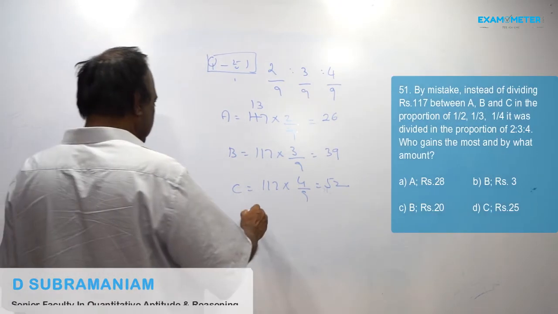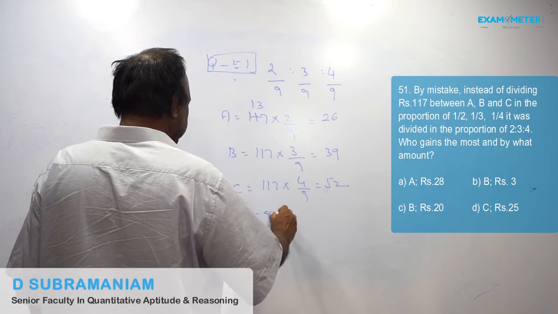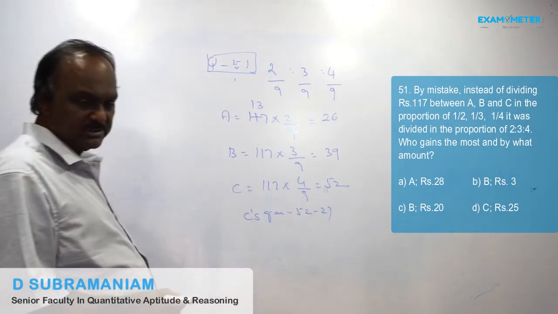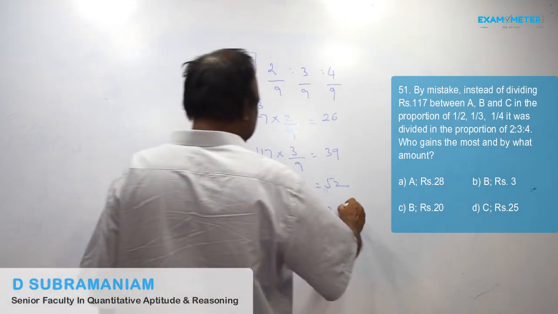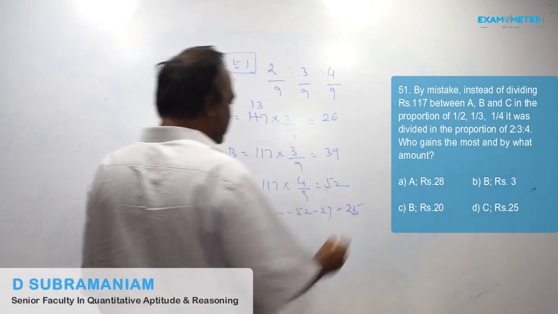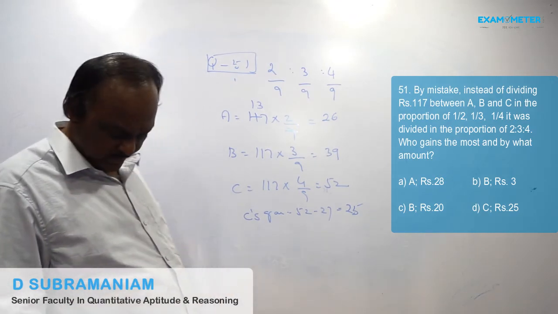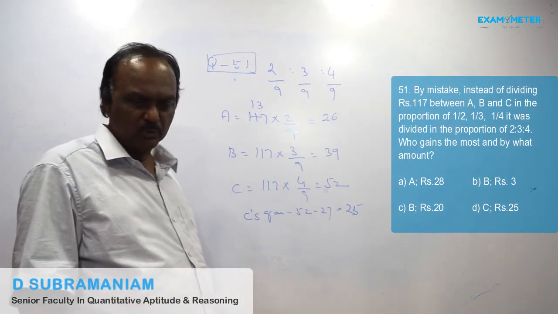Therefore, C's gain is equal to 52 minus 27. That is 25. So the answer is 25, that is multiple choice D, rupees 25.